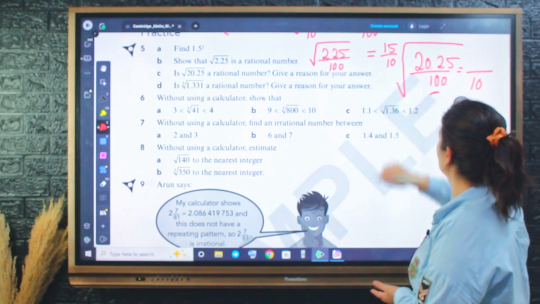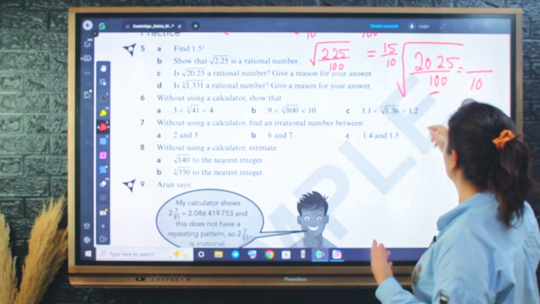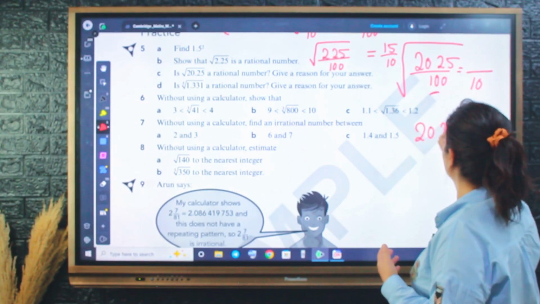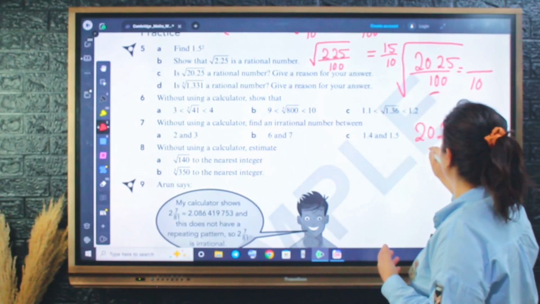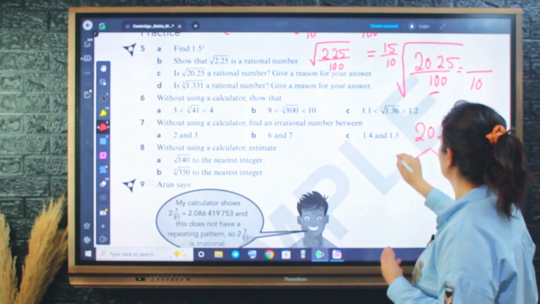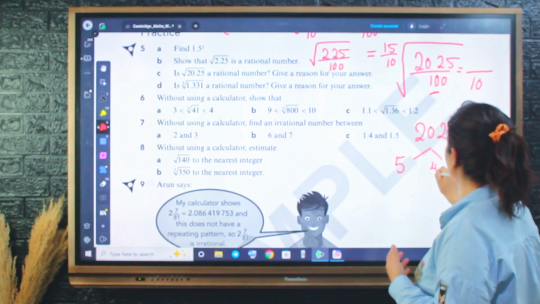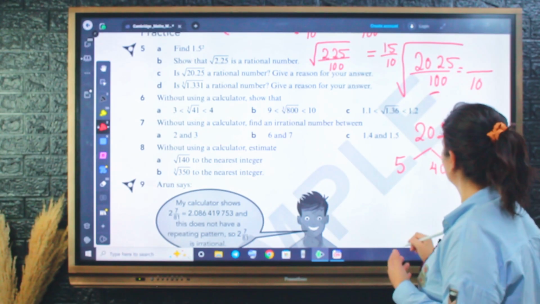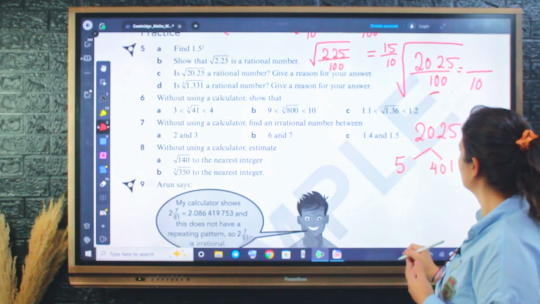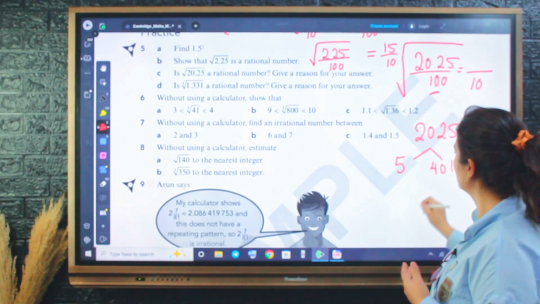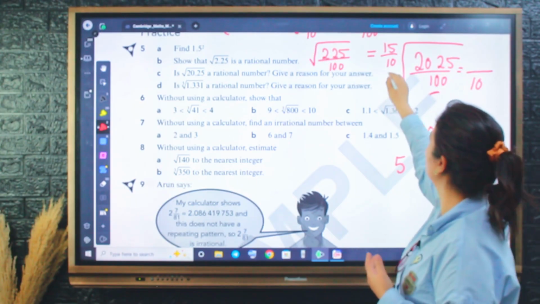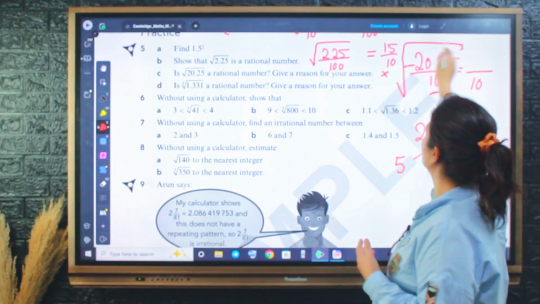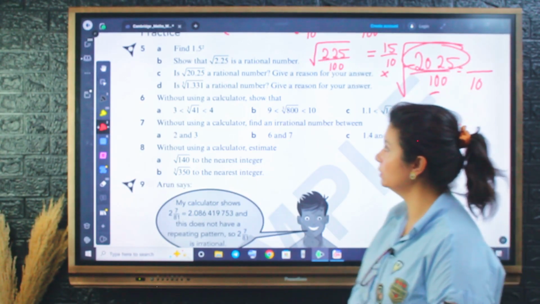So we put it like that, and we can break it down to 5 times 4, then 0, 1. I think it can be, because we can take this number out of the root.